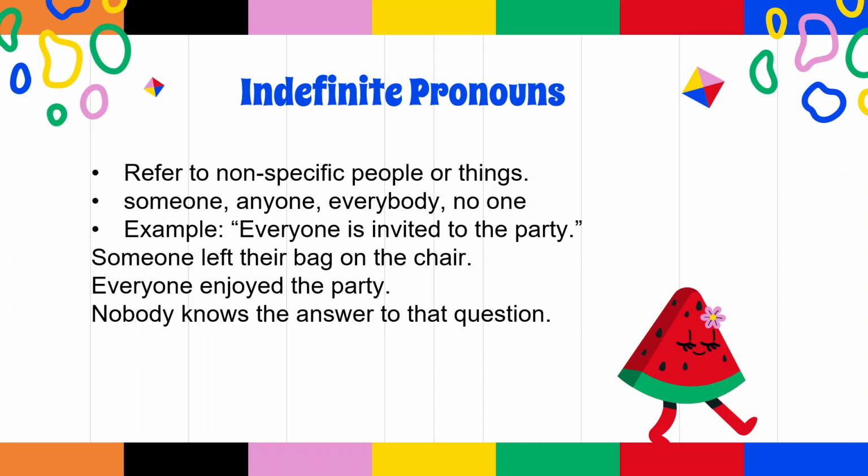So I can add, the boy who won the race is my cousin. So here who becomes our relative pronoun because it is joining two parts of the sentence. That is the boy and won the race is my cousin, which is the second part of the sentence.